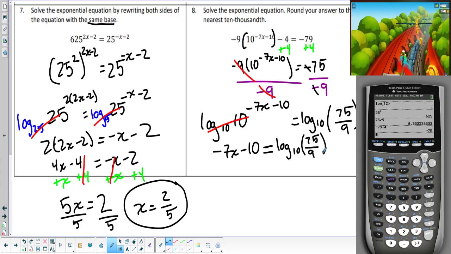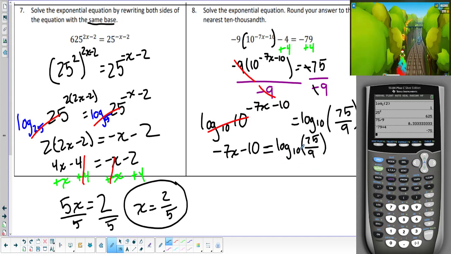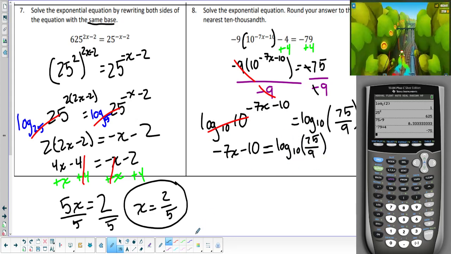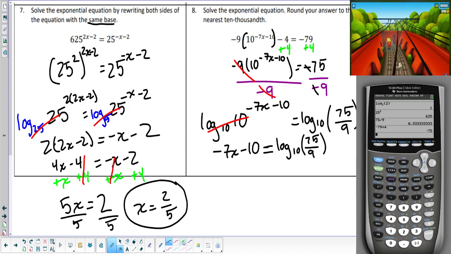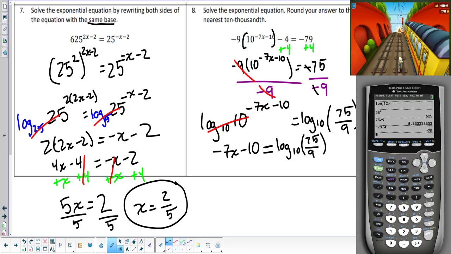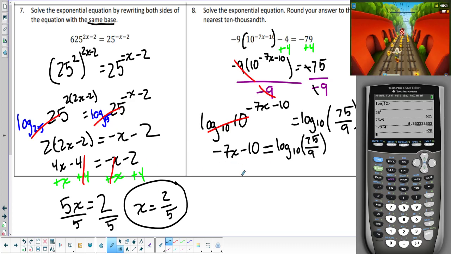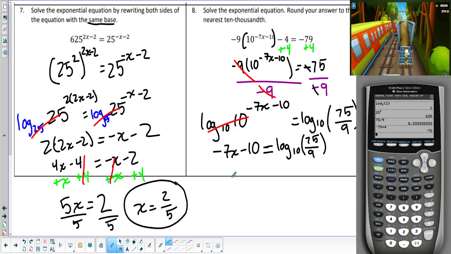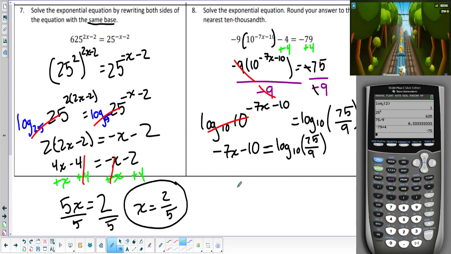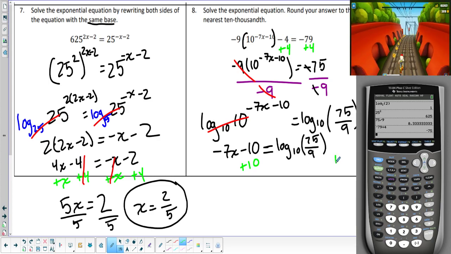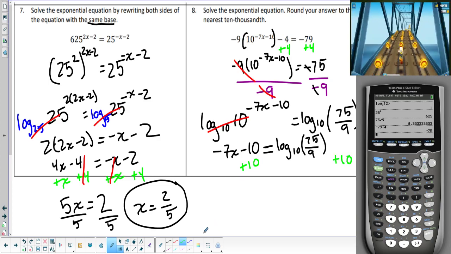Well, this is a number that you can plug into the calculator, right? But just to make my life easier and save my calculator fingers, I'm going to try and get x by itself and then type that all into a calculator. So I know that at some point I'm going to have to add 10 to both sides, because I'm trying to solve for x.